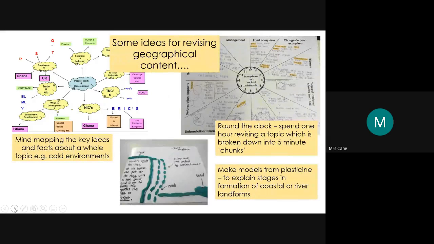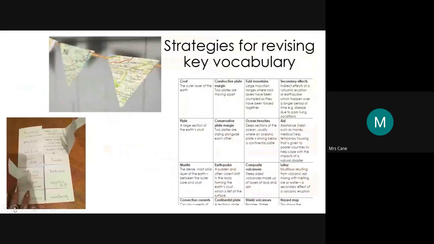A variety of other ways of revising: mapping concepts, plasticine models for the formation of coastal river landforms, revision clocks, and key vocabulary tests. Tier 3 language, or specifically the geography Tier 3 language.